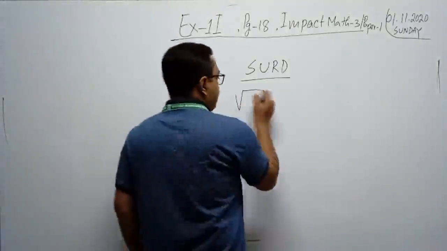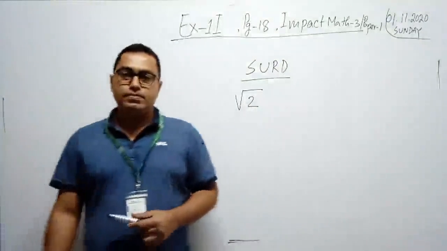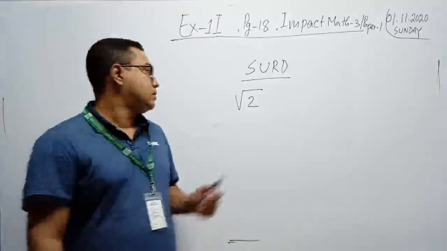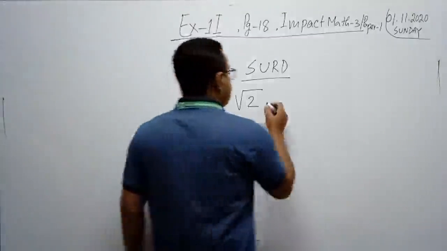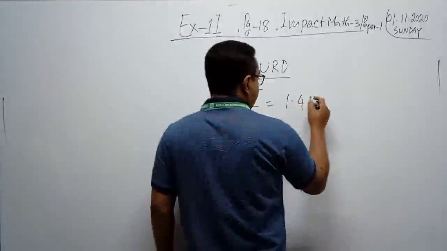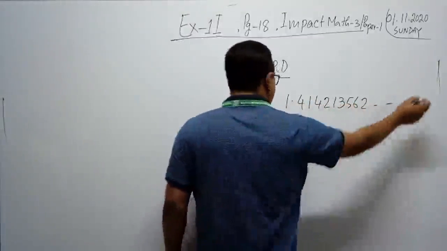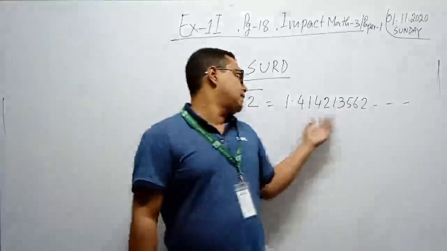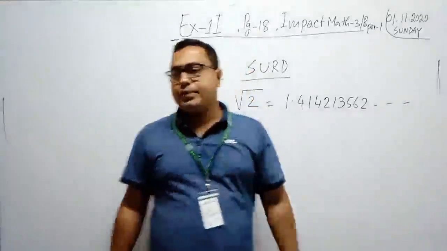Suppose this square root of 2. This is a number. If you find its decimal place, then 1.41421356. In your calculator, you will get till this one, but it will go on.